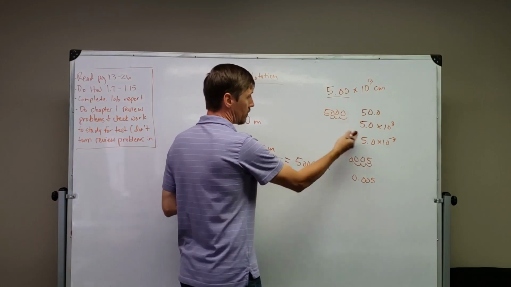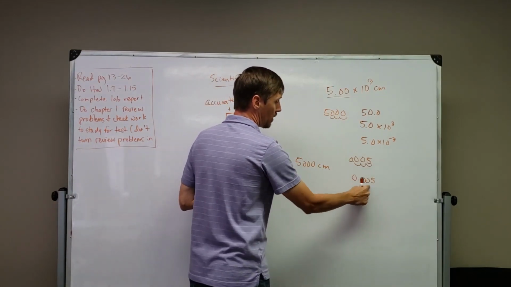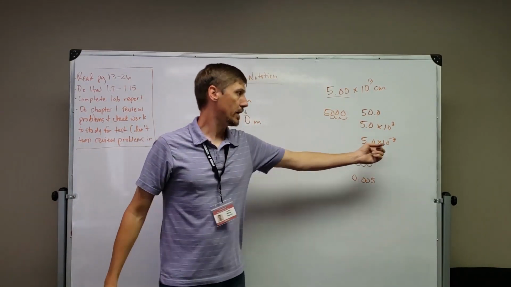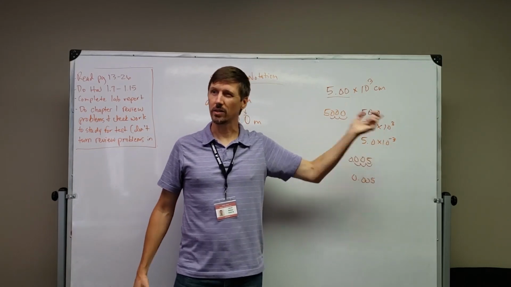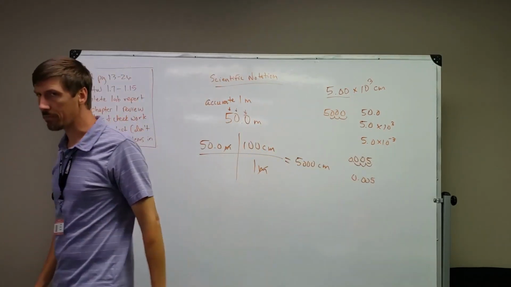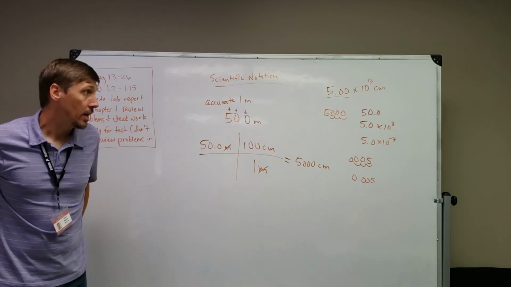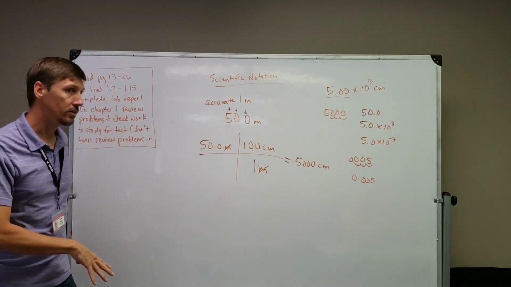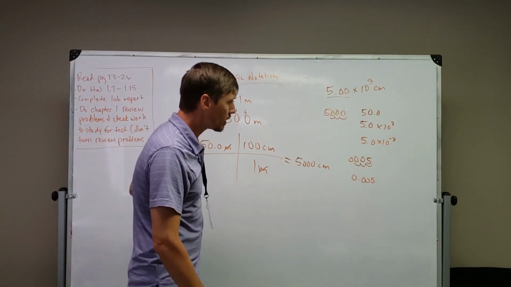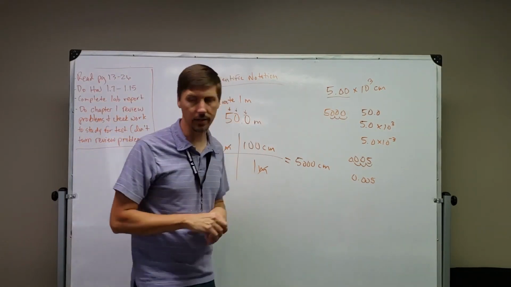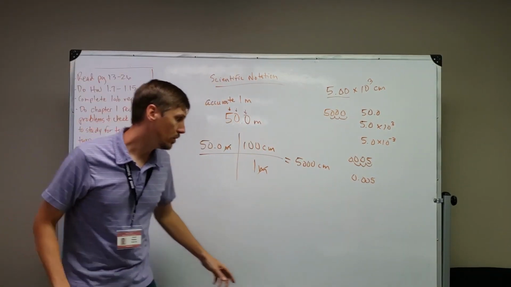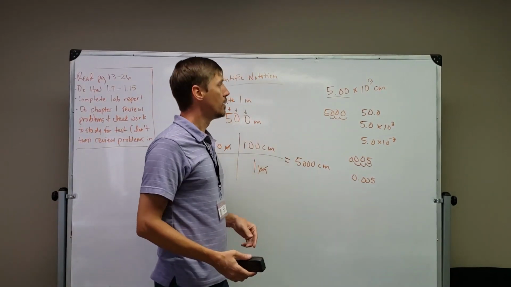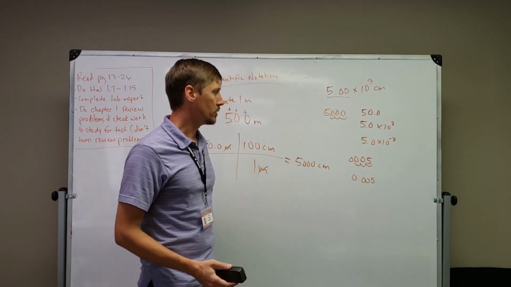If the number, when I convert to scientific notation, is smaller than 5, like in this case here, then my exponent is going to have a negative number. Okay, so that may be one way to help you remember that. And I only say that because every year I have students that get confused about when they're putting negative signs and when they're putting positive signs on the scientific notation. So I'm just talking about different ways to maybe help you, if you're confused about that, understand what the sign should be on your exponent.